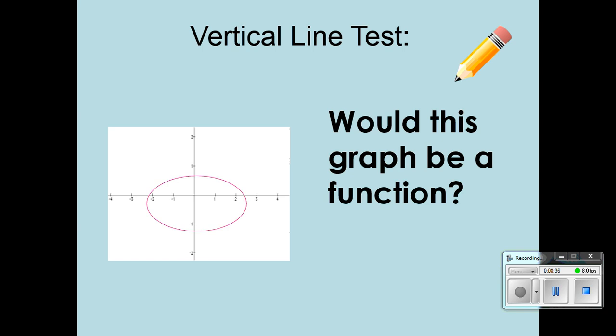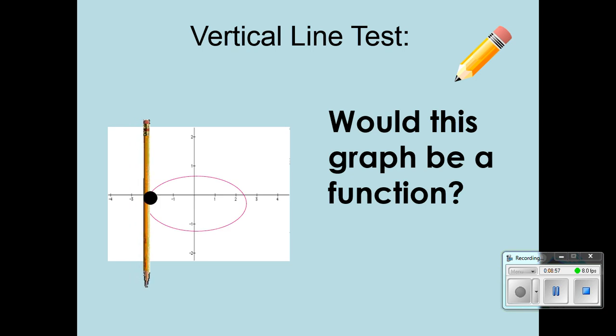We're going to use the vertical line test to see if this is a function. So I grab my pencil, I sweep it across from left to right across the graph, and if at any point it touches 2 points at the same time, it is not a function.